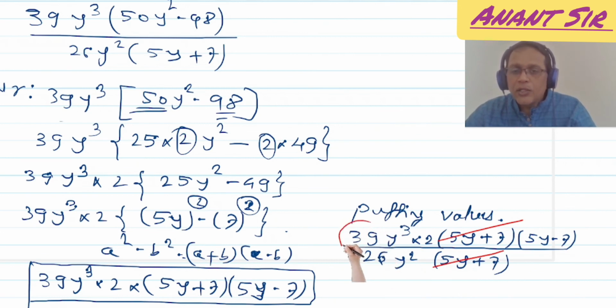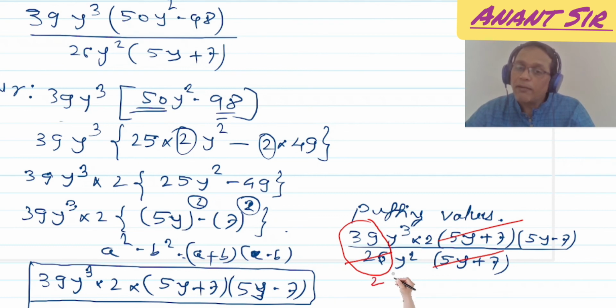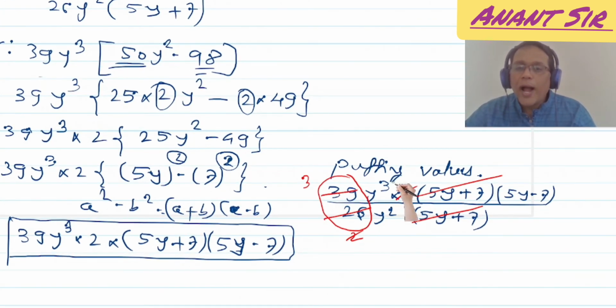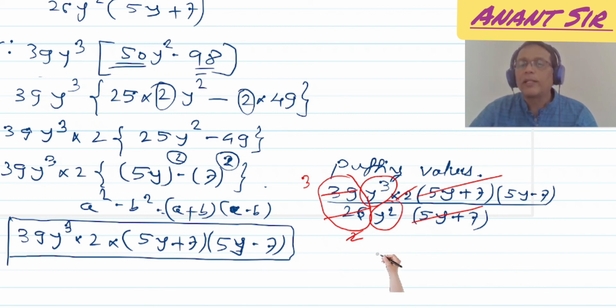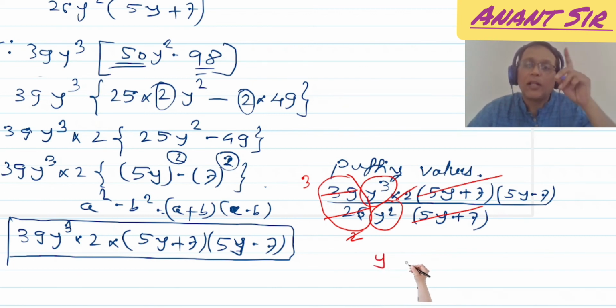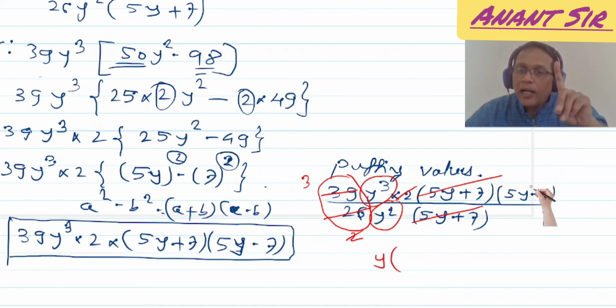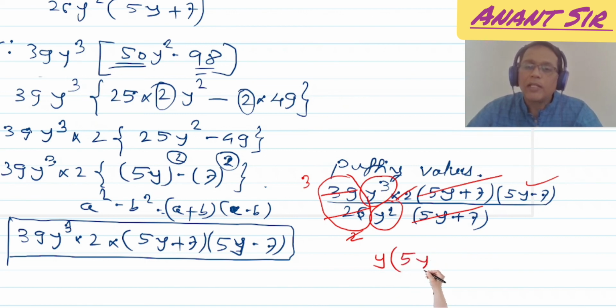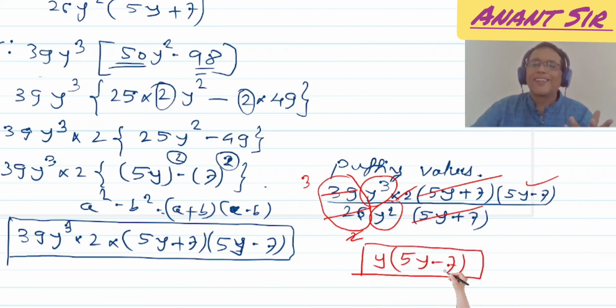I can divide this 39 and 26 by 13. 13 twos are 26, 13 threes are 39. Now 2 also gets cancelled. Now what remains is y cube in the numerator, y square in the denominator. As there is one y more in the numerator, I will have y in the numerator, and the bracket (5y minus 7) as it is, and nothing is left in the denominator.